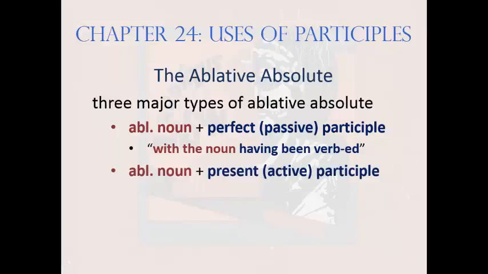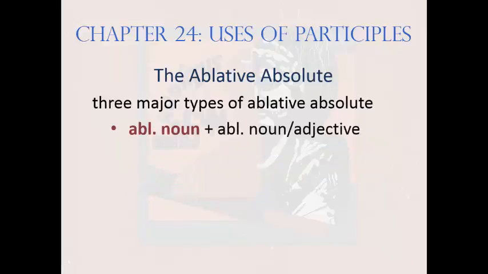The second most common type employs a present participle in place of the perfect passive participle: with the noun verbing. The last and least frequent type combines either 2 nouns in the ablative or a noun and an adjective, both in the ablative: with noun 1 as or being noun 2, or with the noun as or being the adjective.